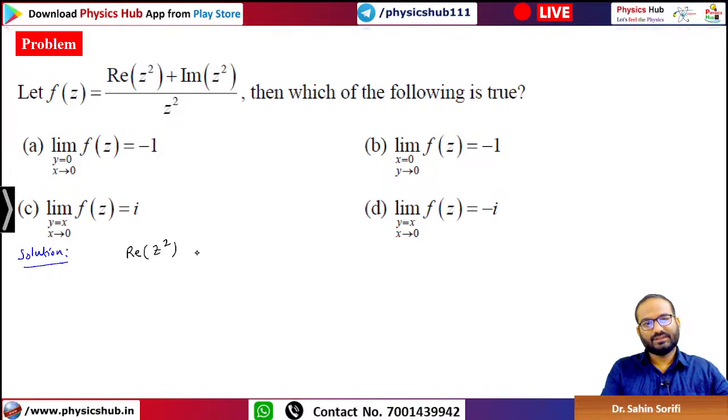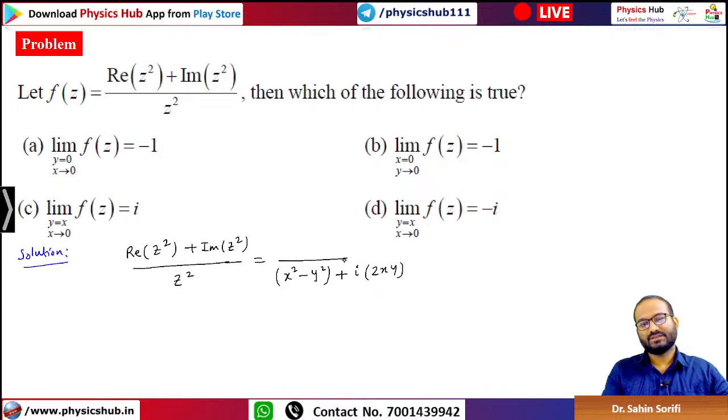So what is z squared? We have already derived z squared: x squared minus y squared plus i times 2xy. So the real part of z squared is x squared minus y squared, plus the imaginary part of z squared, that is 2xy. So this is the expression.